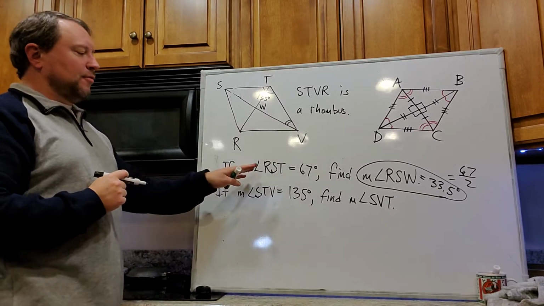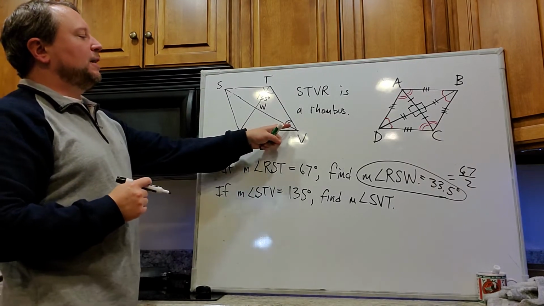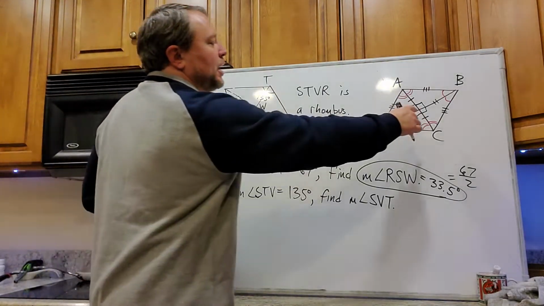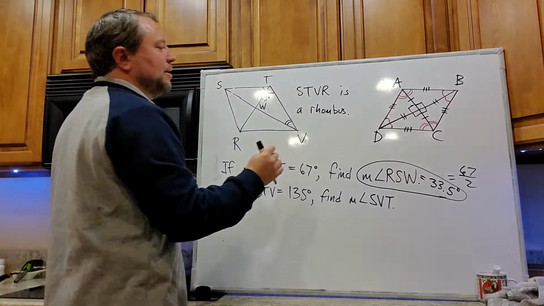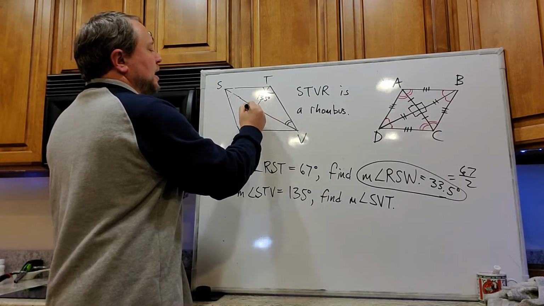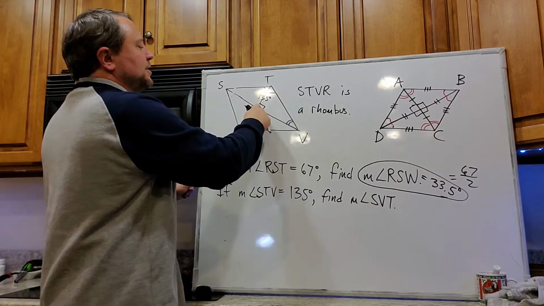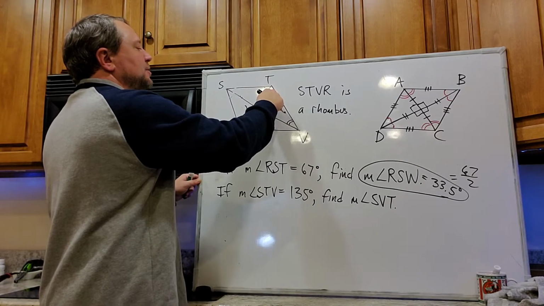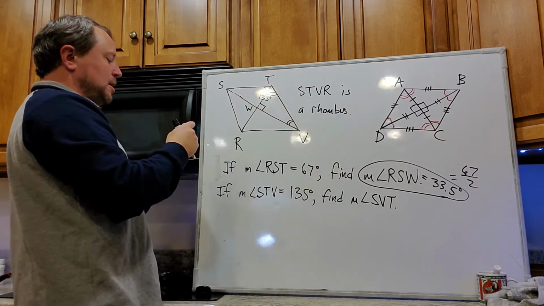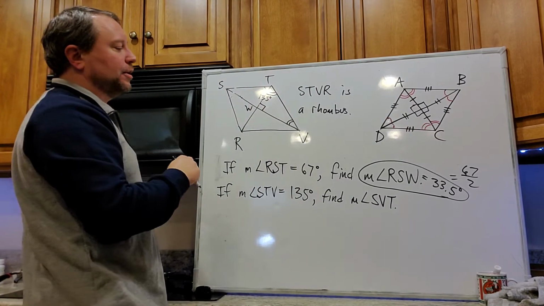Okay, so it's a little different than our last problem, but if I wanted to find that angle, I notice it's a part of this smaller little triangle, which I know from what I've learned today about rhombi. I already know that right here at W is a right angle. So I know that's 90. I know that this angle is going to be exactly half of the overall angle, 135.